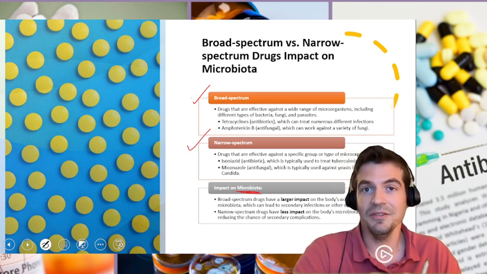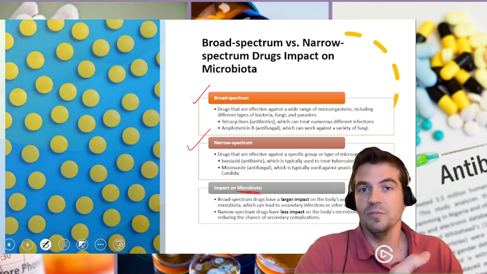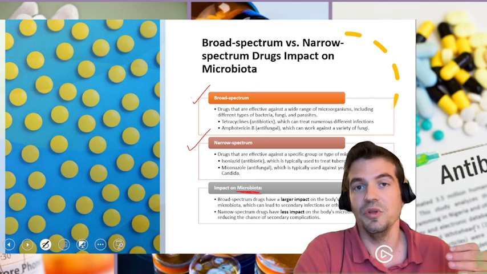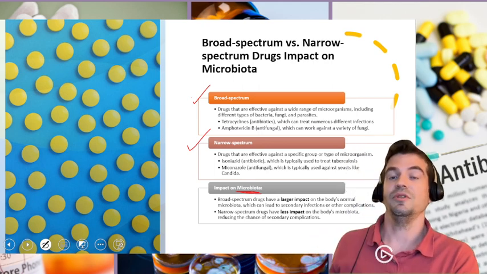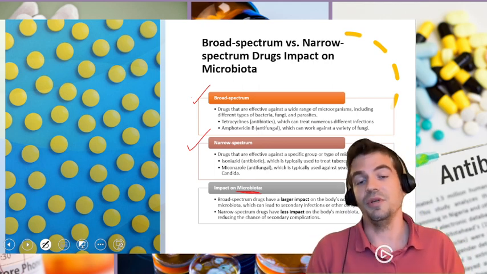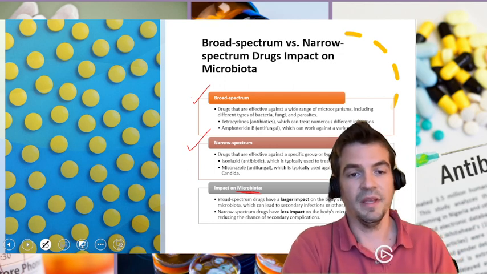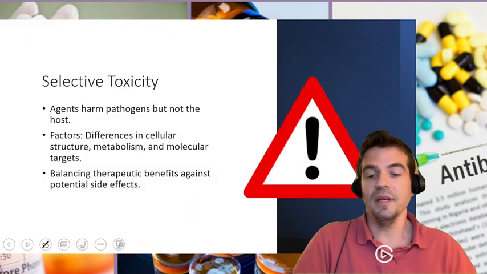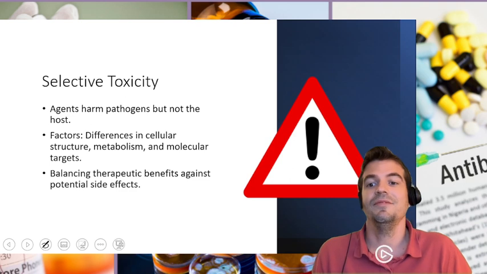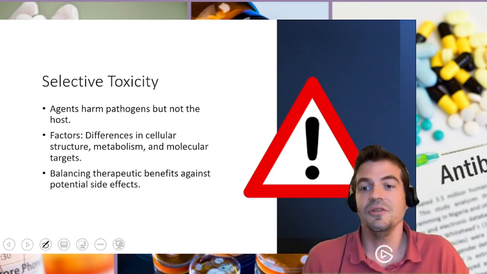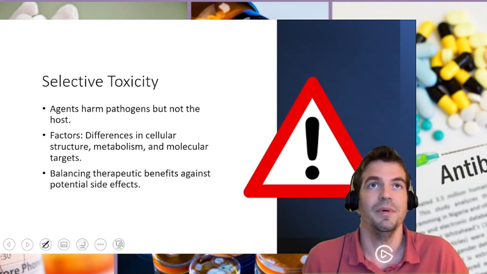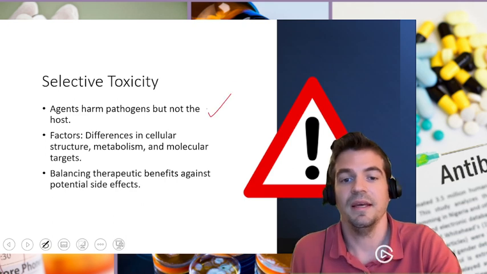So as a doctor or medical practitioner, you want to be able to limit the amount of damage we do to the person as we are trying to treat the disease. Okay, and that brings us to our term selective toxicity. Okay, agents that harm pathogens but not the host. Okay, that is the key.